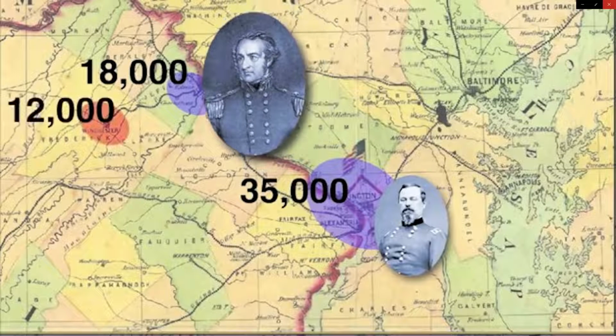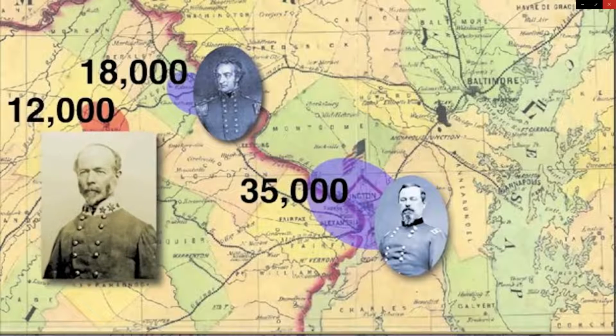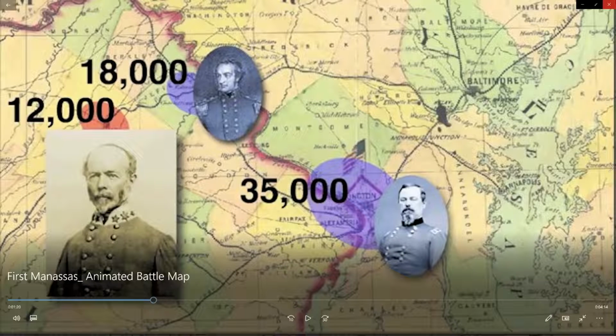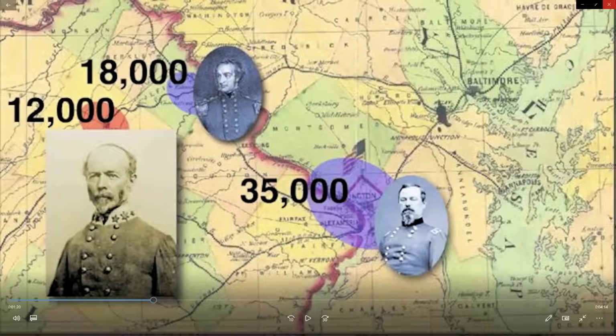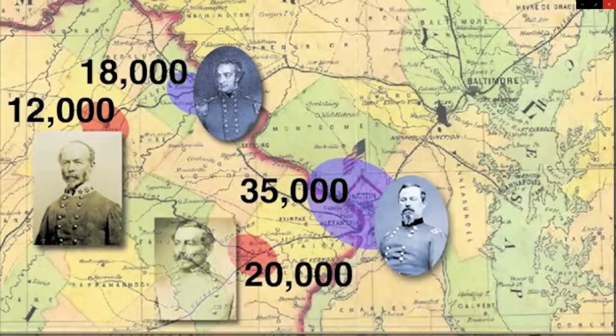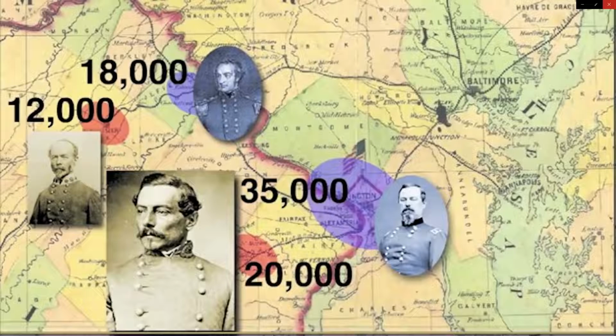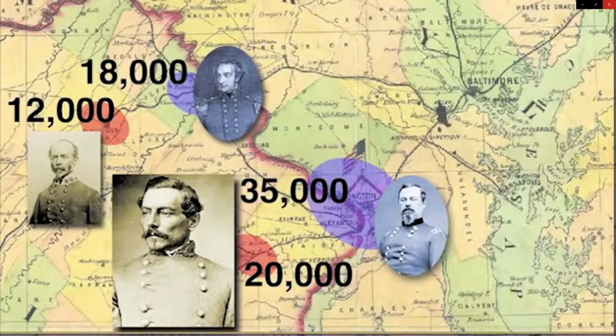Opposing Patterson in the Shenandoah Valley was General Joseph E. Johnston. But the largest Confederate force, under General P.G.T. Beauregard, stood poised to march on Washington, D.C.